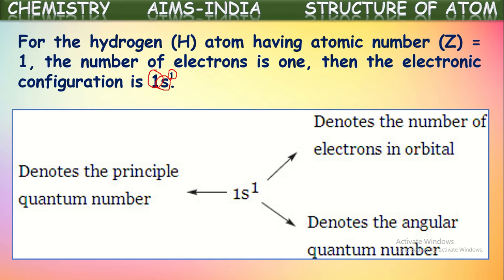See here what it is representing. It is shown diagrammatically. 1s1 is the electronic configuration of hydrogen because its atomic number is 1. It has only one electron. Now in this, 1 represents the principal quantum number or main energy level number, the symbol s represents the subshell, and 1 represents the number of electrons present in it.